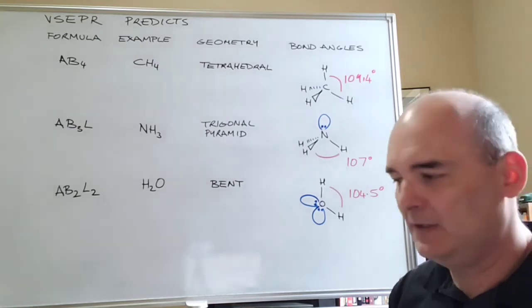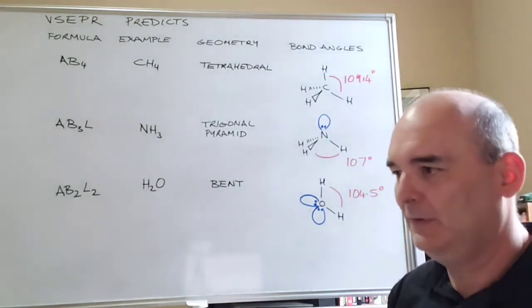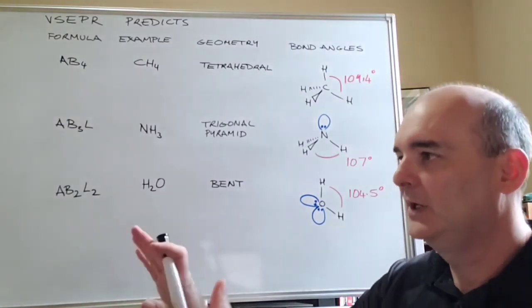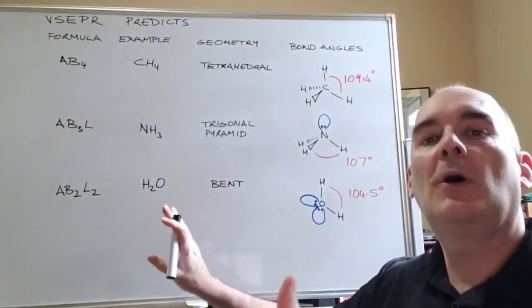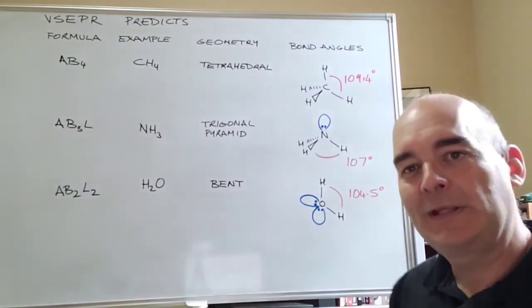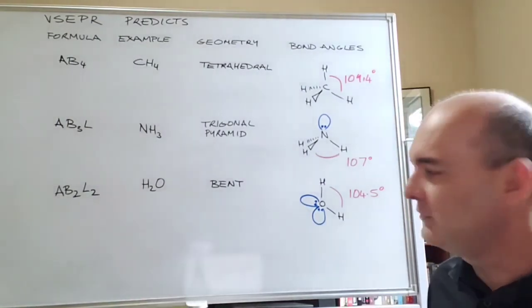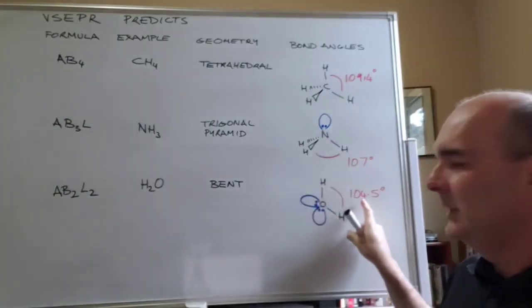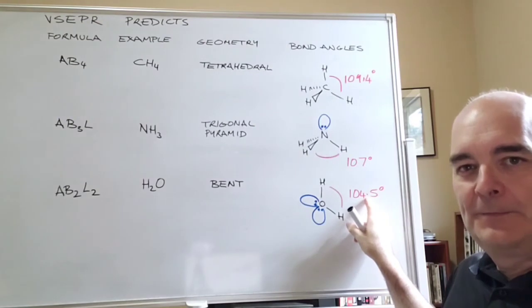Previously, when we'd written H2O out in 2 dimensions on a flat piece of paper, you think, here's a hydrogen, there's an oxygen, put the other bond as far apart from it as possible. Well, that's ignoring 3 dimensions. In 3 dimensions, we find that this angle is 104.5.